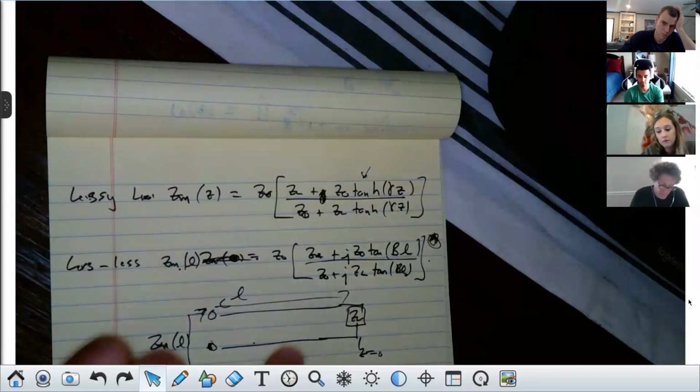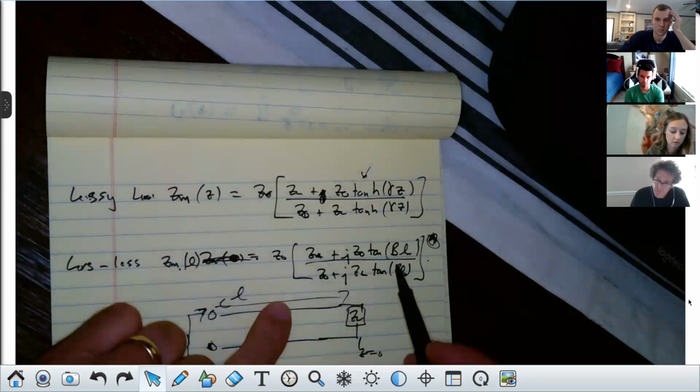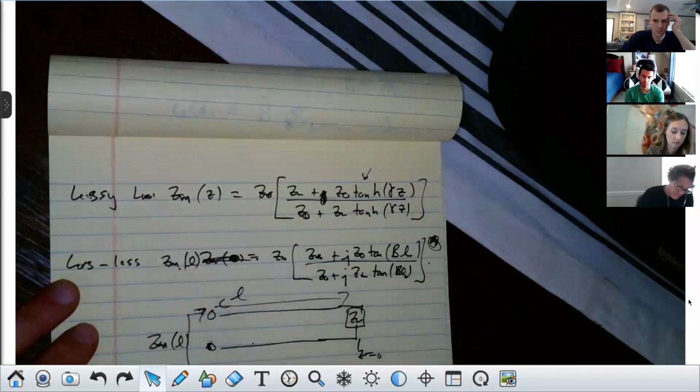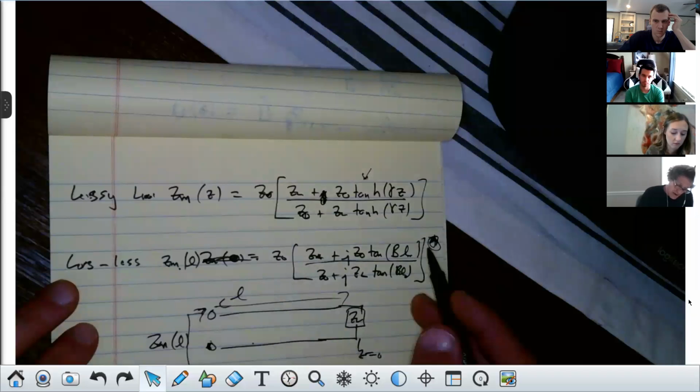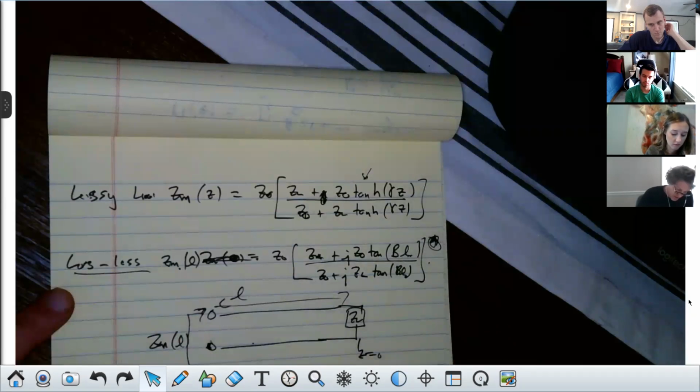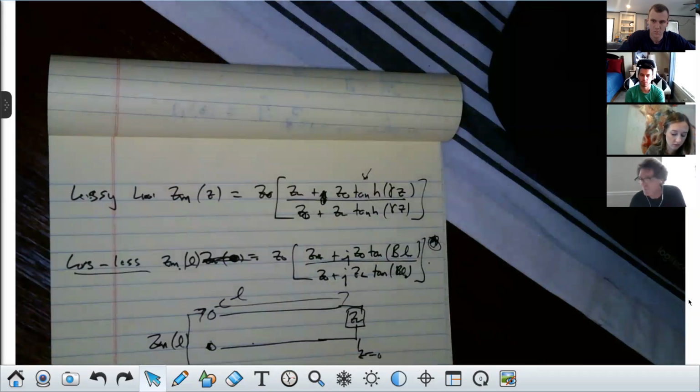Remember, that's the input impedance, all right? With me? Now, I got a question for you. Remember, how do you get beta? Here we're going to talk about lossless lines and how to get quantities. So if we have lossless, and you can put down low loss lines. Low loss is going to be like 0.1 dB per meter, but we'll talk more about that later.